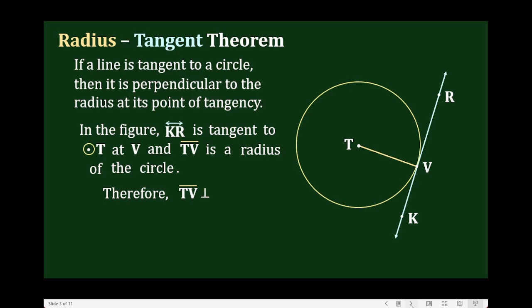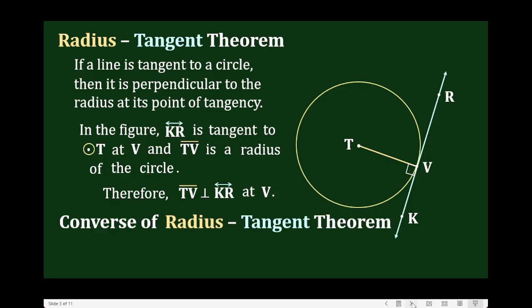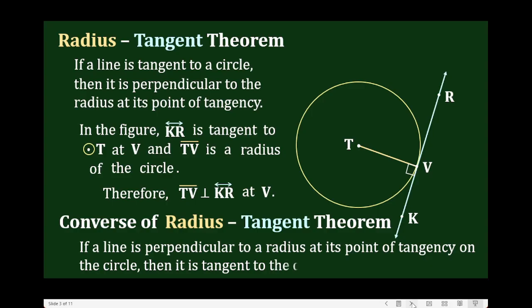So therefore, segment TB is perpendicular to KR at point B. And point B is our point of tangency. Now the converse of the radius tangent theorem states that if a line is perpendicular to a radius at its point of tangency on the circle, then it is tangent to the circle.